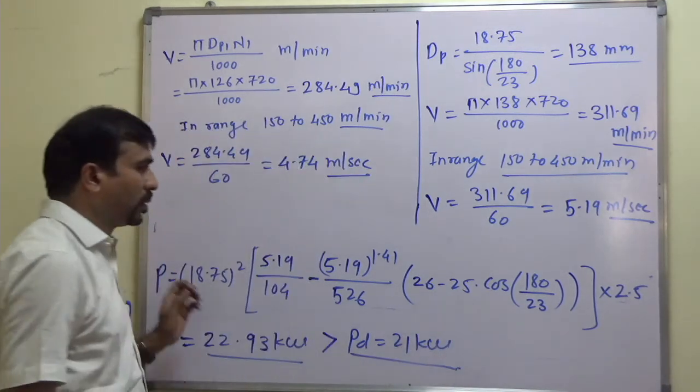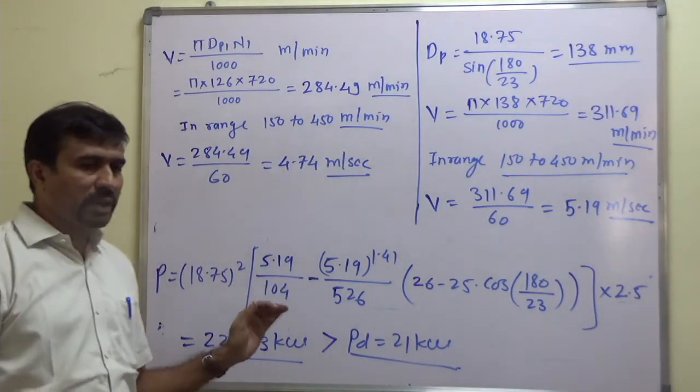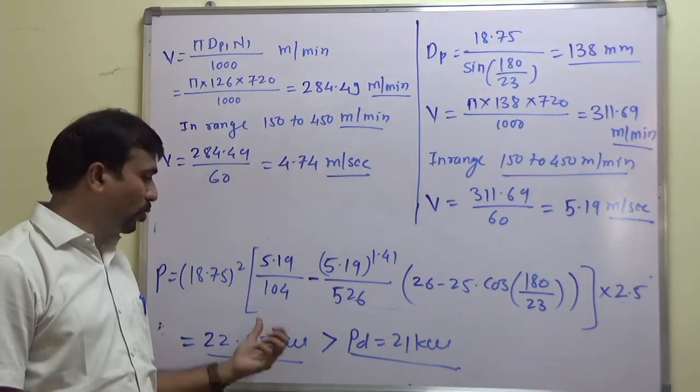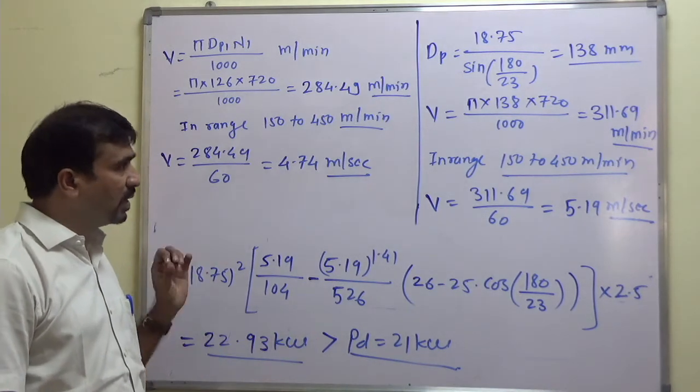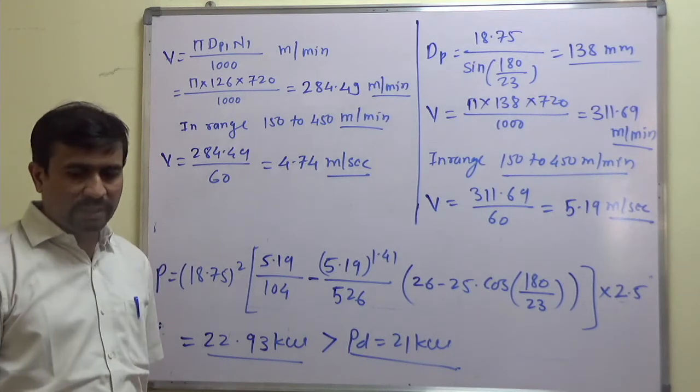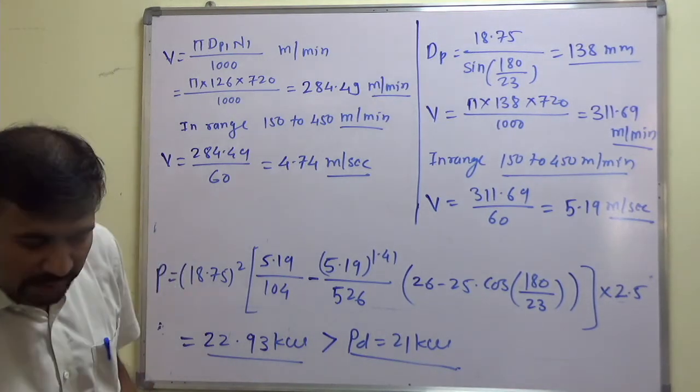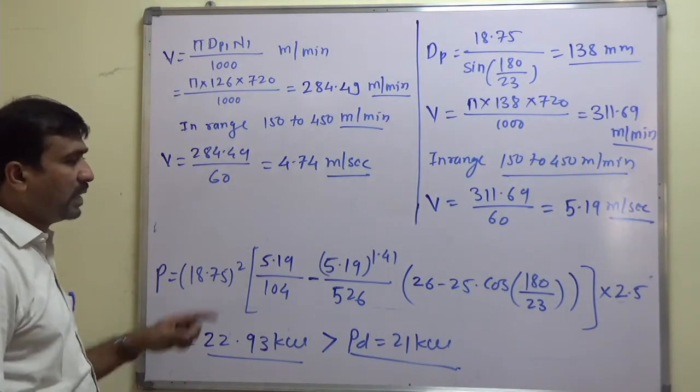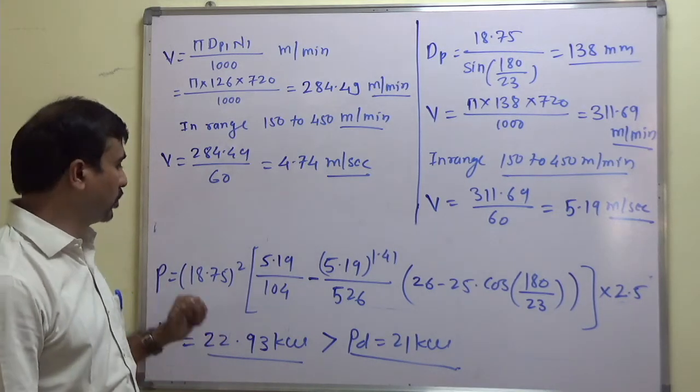Hence, as the power capacity of this chain is more than the design power, we can select chain number 60, triple strand with 23 teeth on the smaller sprocket.